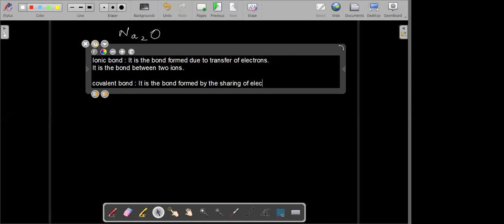So sharing of electrons generally occurs with such elements which are not able to donate their electrons and also not able to gain the electron. So generally those are the elements where the covalent bond is formed. In the covalent bond, the electron which is being shared is common to both the elements. We'll see how the covalent bond works here.